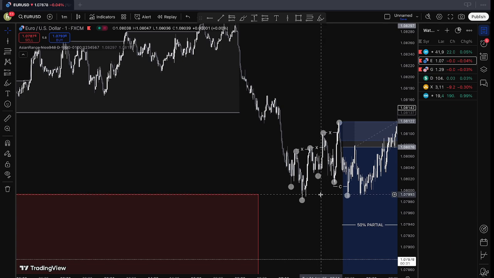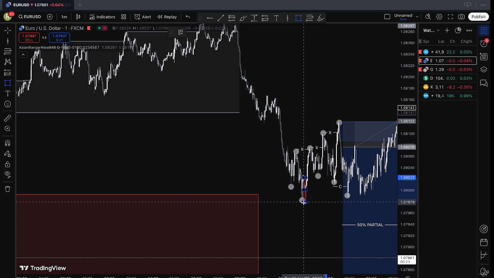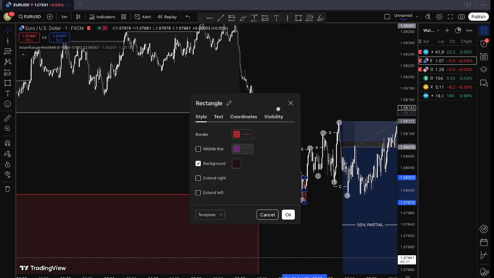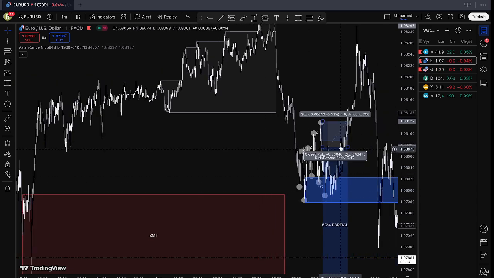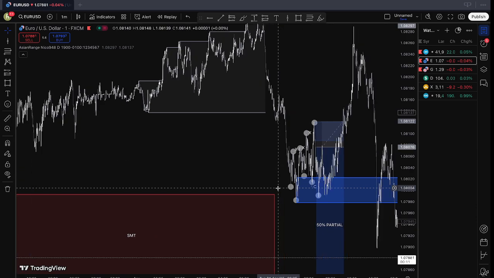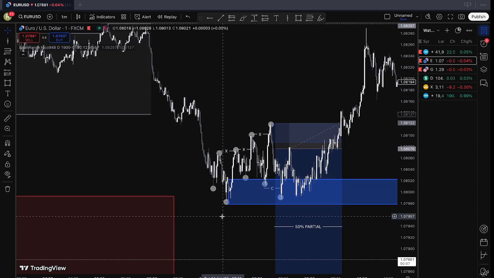It's a bit confusing, but what I failed to realize was that price tapped into this zone before tapping into mine. So buyers were in control, which I failed to realize until it was all over.